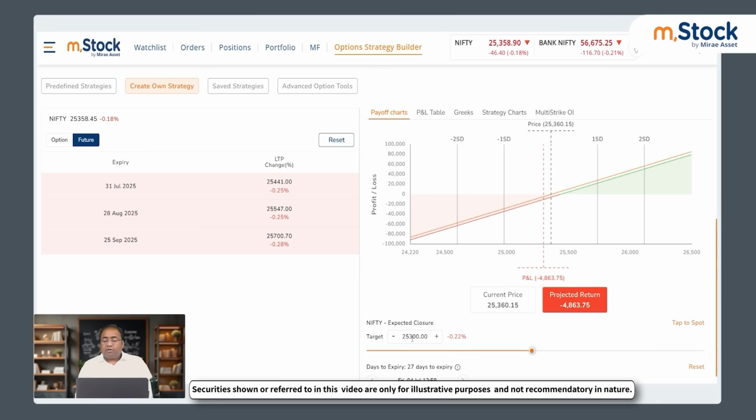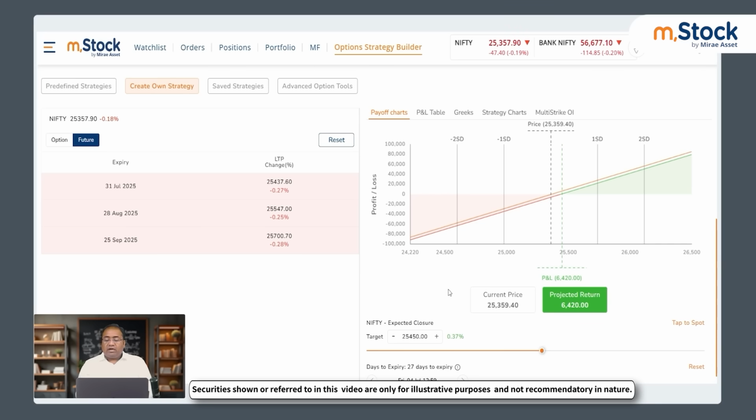When we took the example of the bullish side, where the market is going in our favor, we took 25,400, which was 40 points from this level. So in 40 points you are gaining 2,600 rupees. Now if the market goes up by 100 points, you end up gaining 6,000 rupees. This is with one lot.